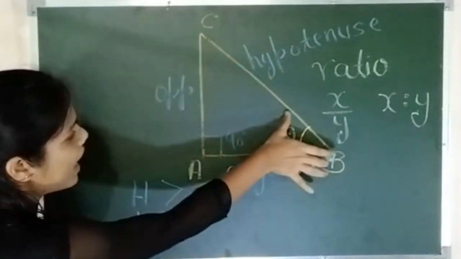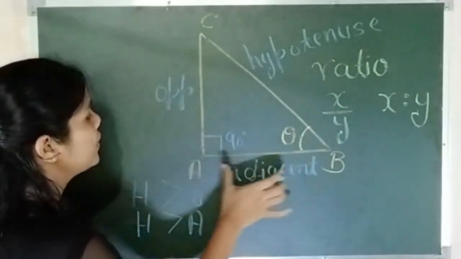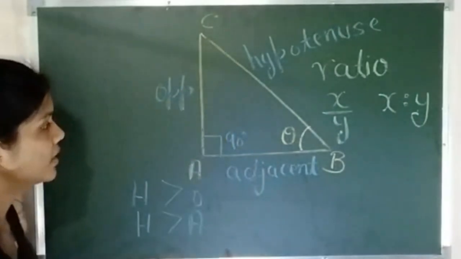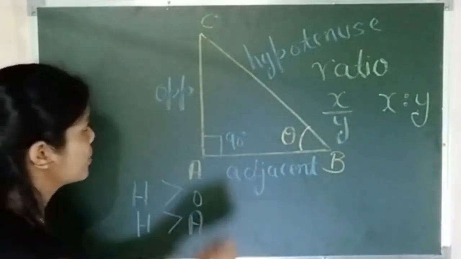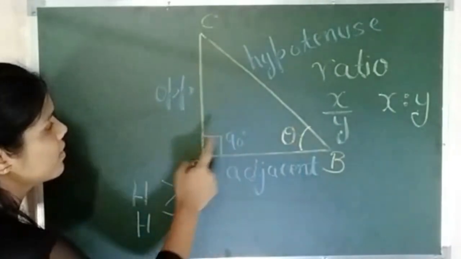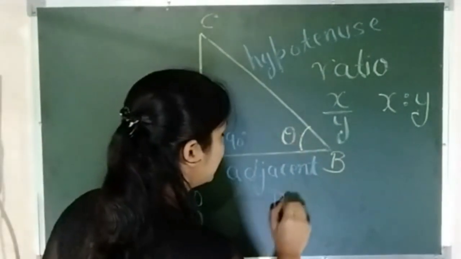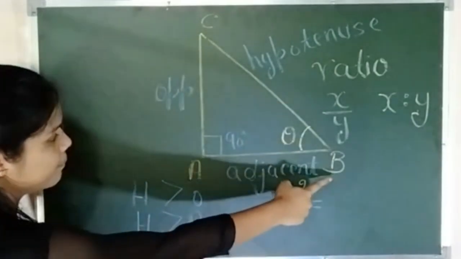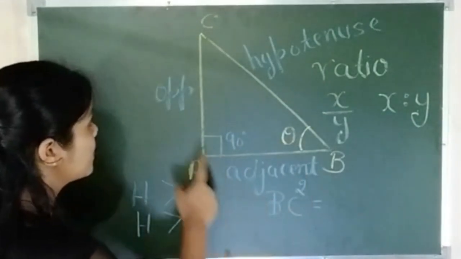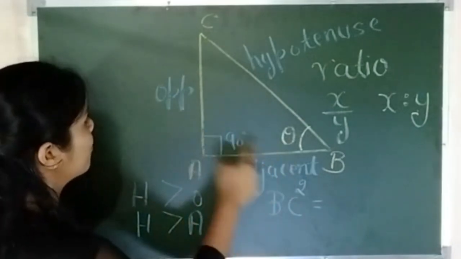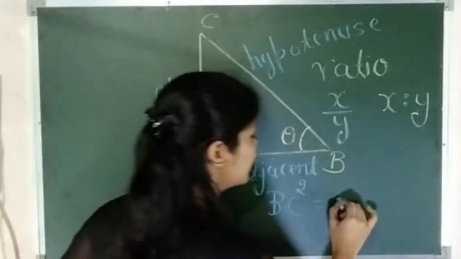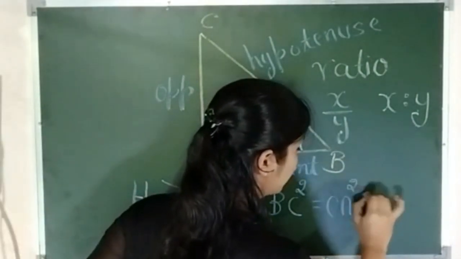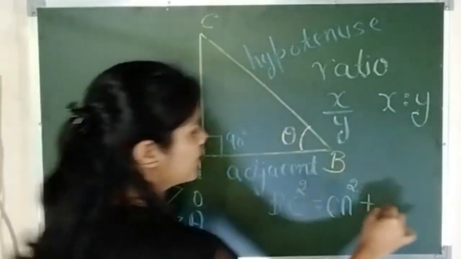The square of the hypotenuse is equal to the sum of squares of the other two sides. So BC square, the square of the hypotenuse, is equal to CA square plus AB square.